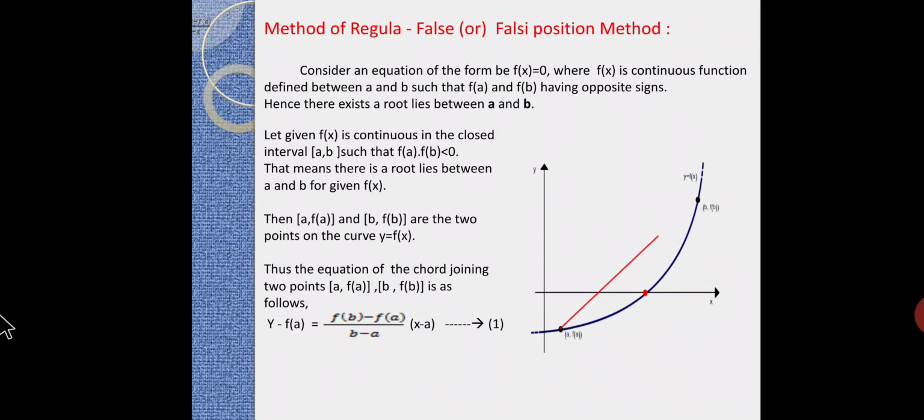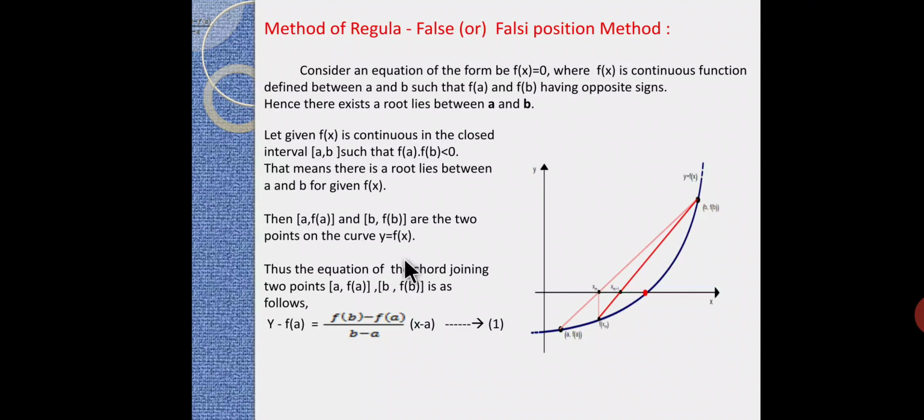Here is the graphical representation of this method, which is easily understandable. Let f(x) be continuous in the closed interval [a, b], such that f(a) into f(b) is less than 0. That means there is a root between a and b for the given f(x).